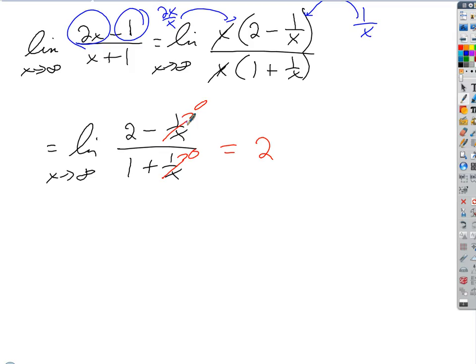But at 0, I don't want to confuse you with this, but normally, can we just cancel x's if we're trying to solve? Remember, I talked about this the other day.